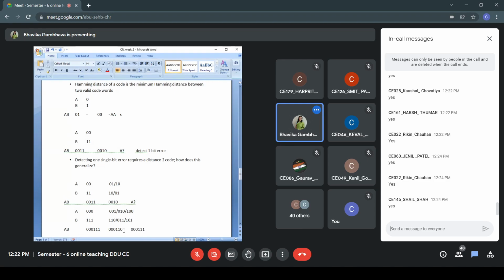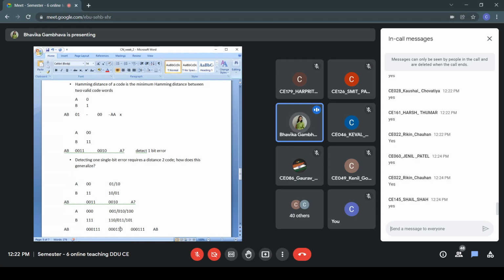So it will correct it and then it will detect the proper message like AB. Because it knows that here we are having number of ones are 2, which is more similar to B than A. So whenever Hamming distance is 3, we can correct up to 1 bit error.